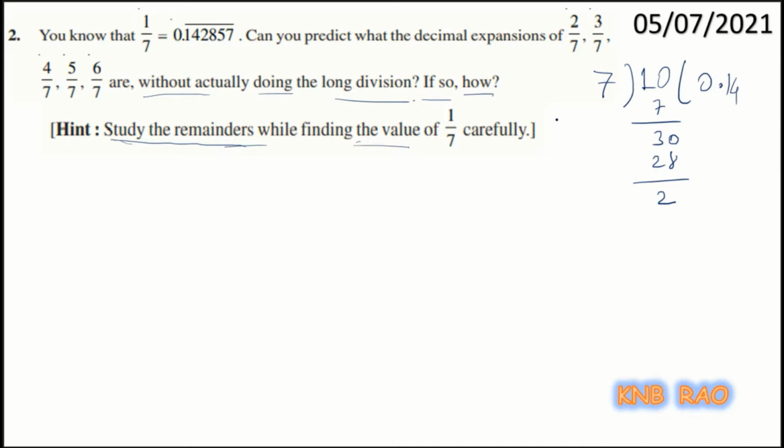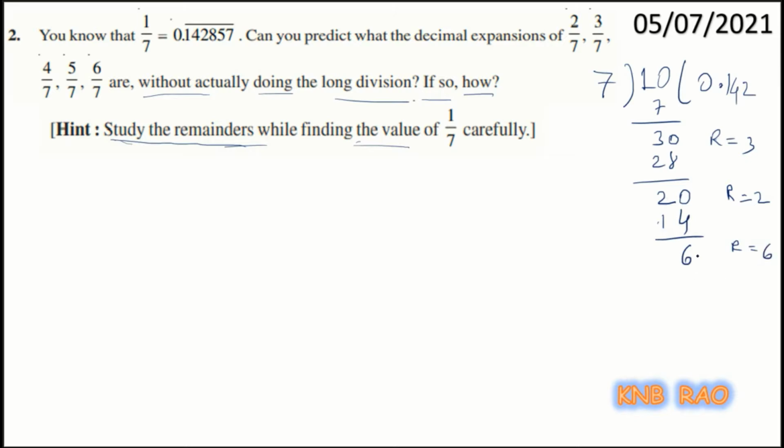If you keep observing the remainders here, the remainder was 3, here the remainder is 2. Now, let us continue by keeping 0, it becomes 20, 7 2s are 14, so 6 is the remainder now.